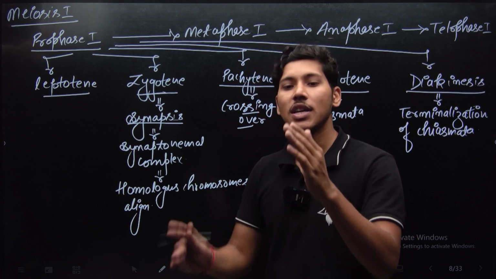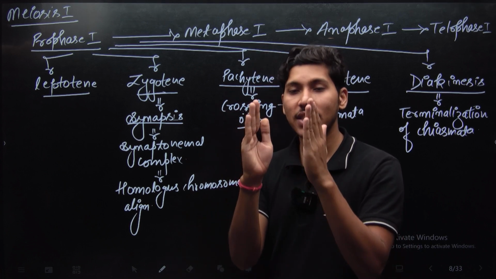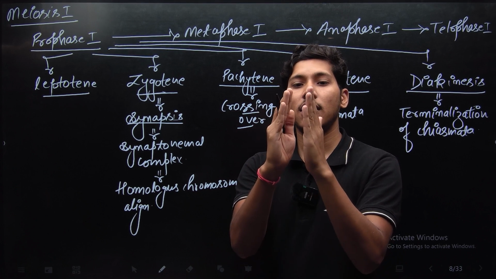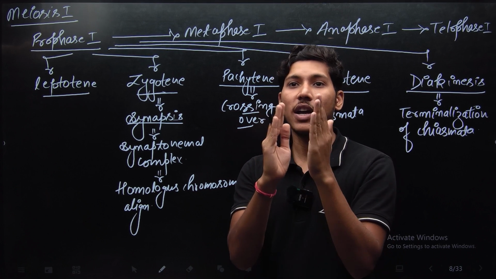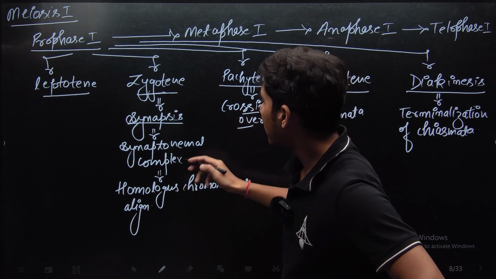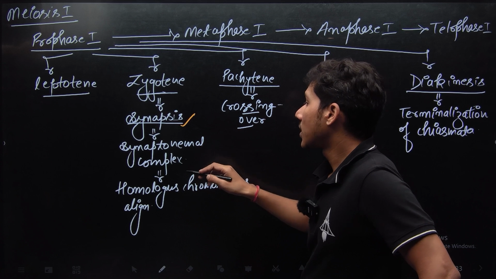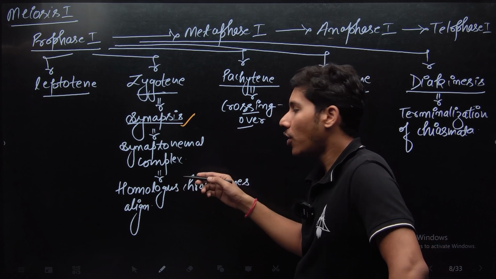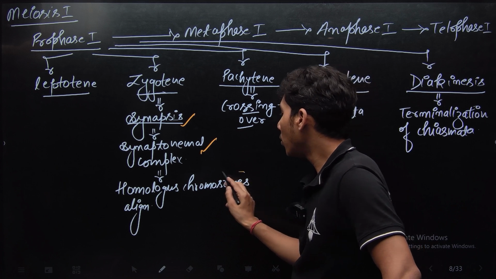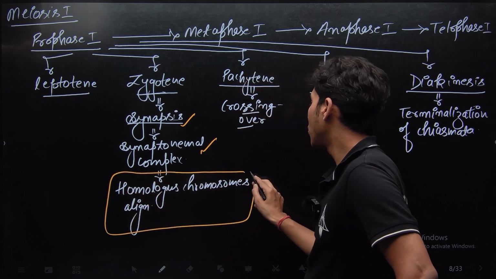In synapsis, the homologous chromosomes start to come together, they start to align one after another, in front of each other, and this is mediated by a protein complex known as the synaptonemal complex.